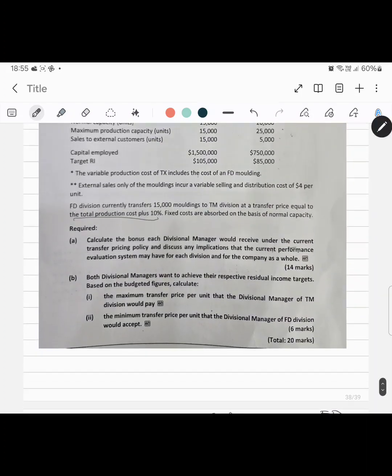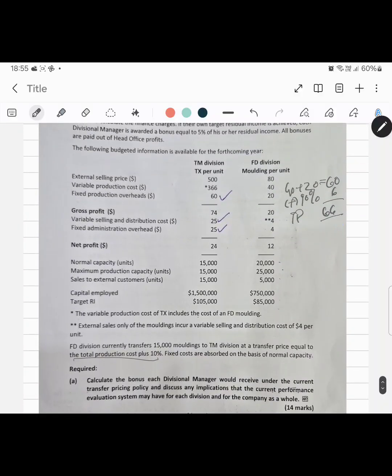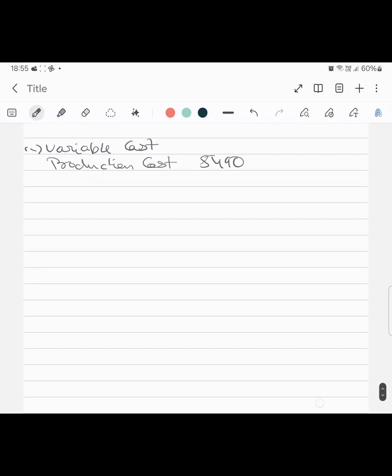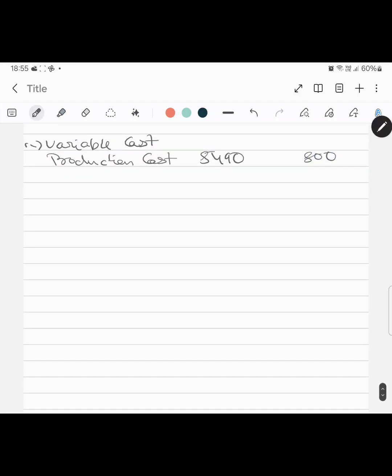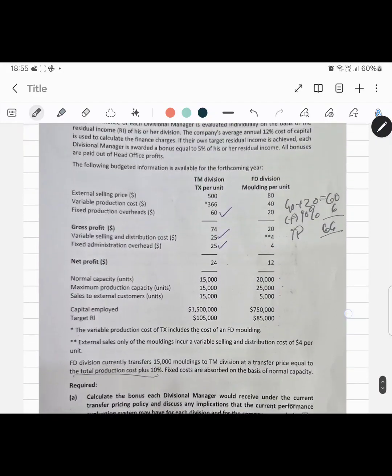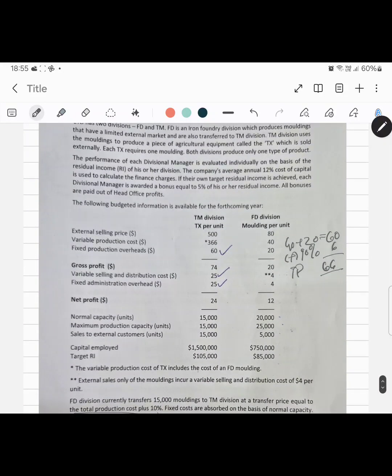Okay, and what's the production cost for FD? Production cost for FD is 40 into 20,000, 800. Then what else is variable cost? Variable administration cost, that is 25 into 15,000.